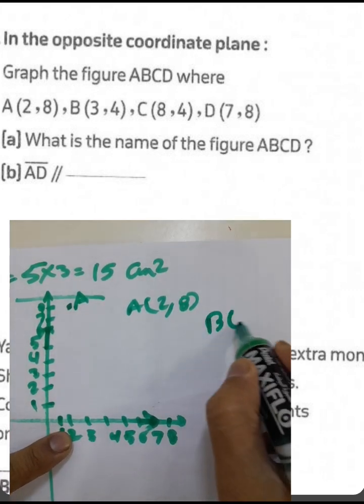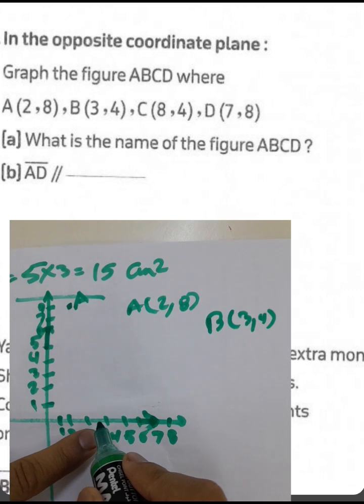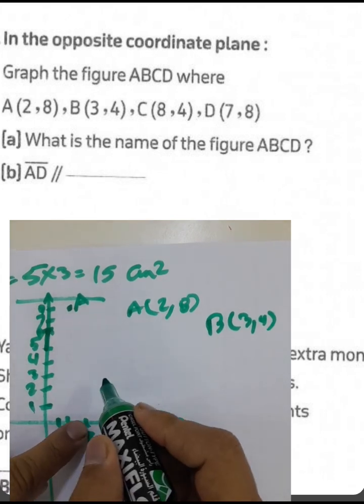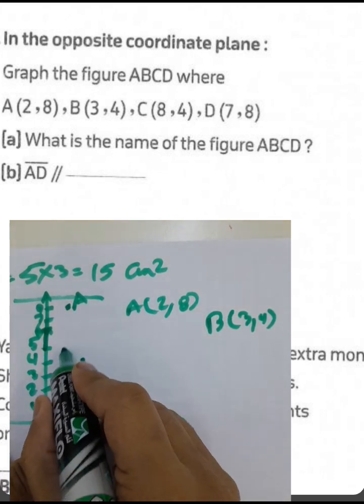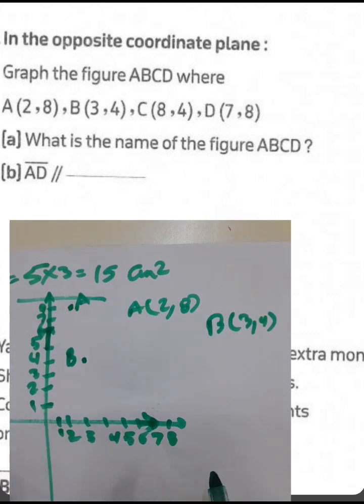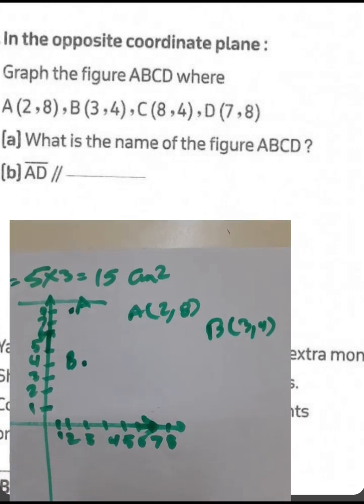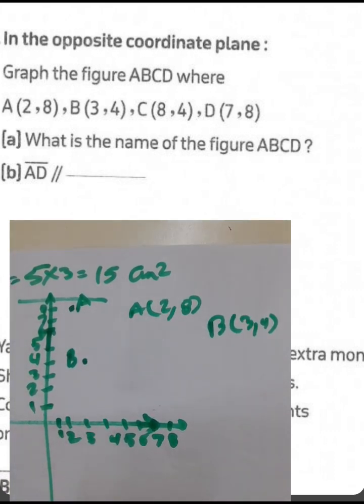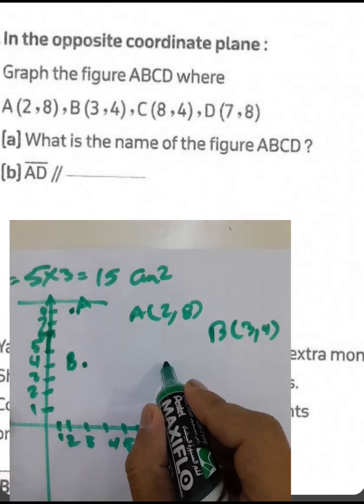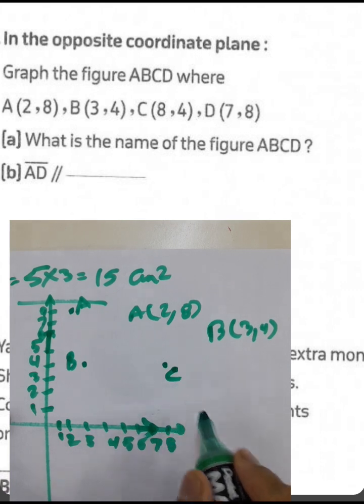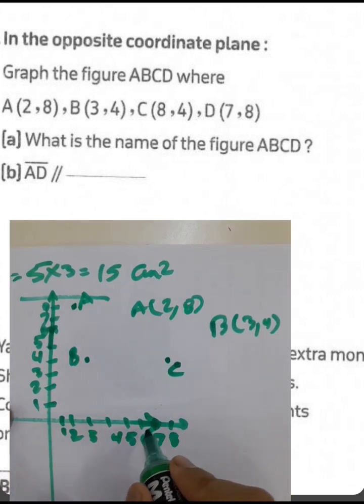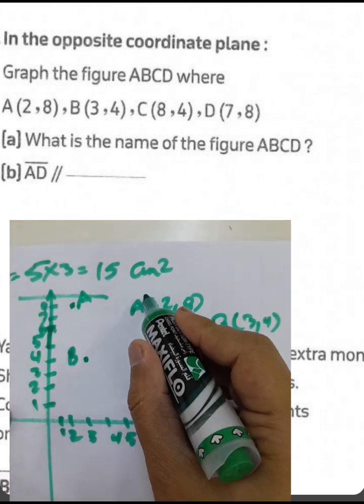The order here, 3 and 4, coming from 3 and going up to 4. It was point B. Point C, 8 and 4, 8 and coming up to 4. It was point C. And point D, 7 and 8, 7 and going to 8 in this place.